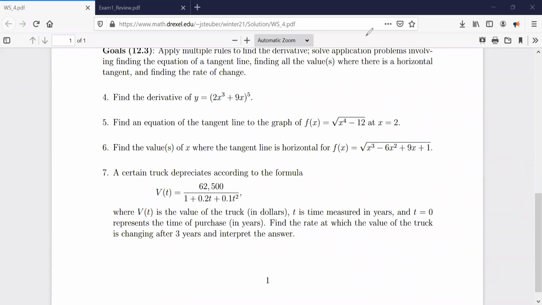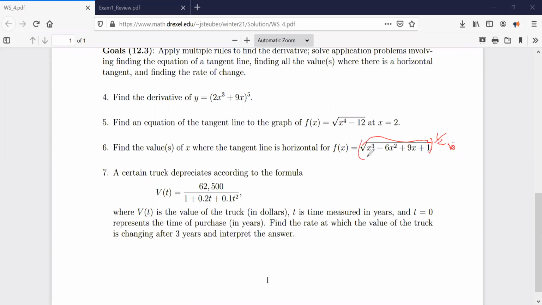Find the values of x where the tangent line is horizontal for f of x equal to this function. Saying the tangent line is horizontal is basically the same thing as saying that the derivative is equal to 0. So I want to find the derivative of this and set that equal to 0. I'm going to re-represent this as to the 1/2.